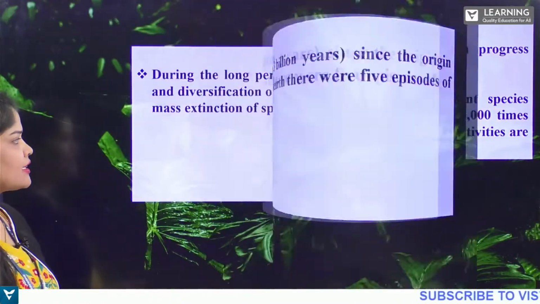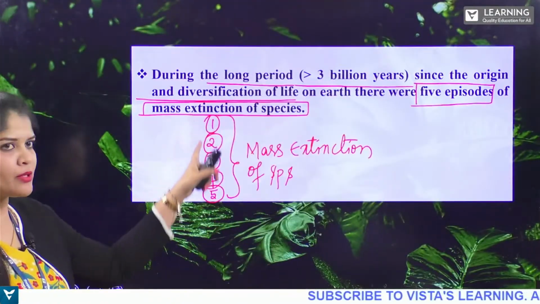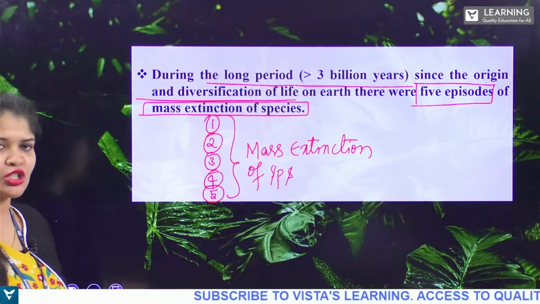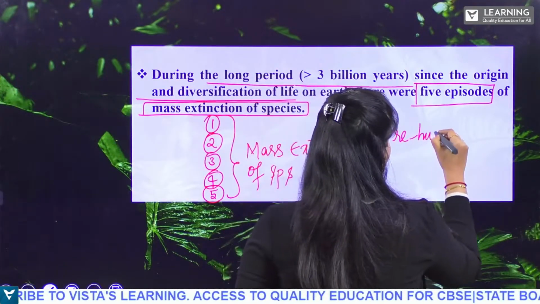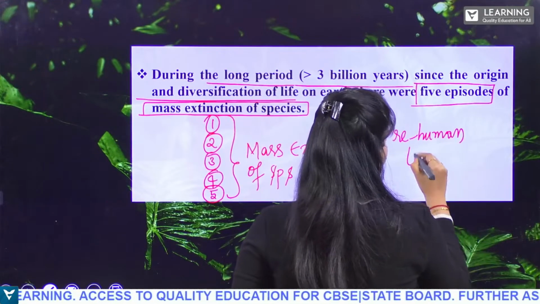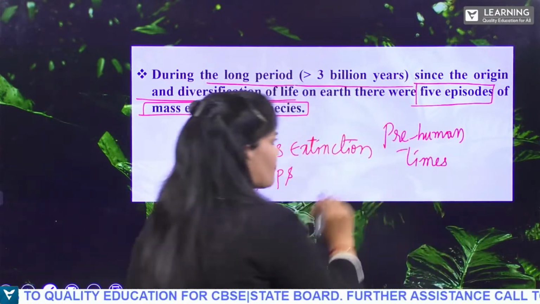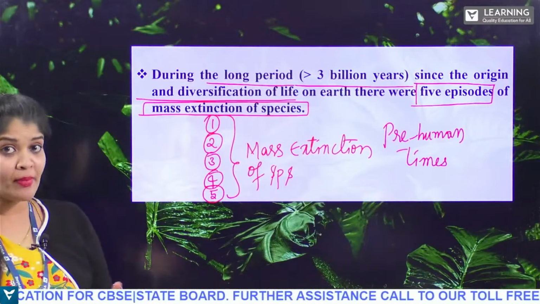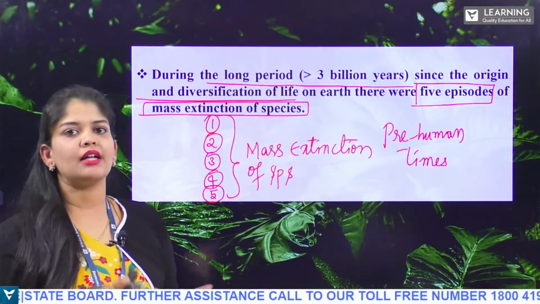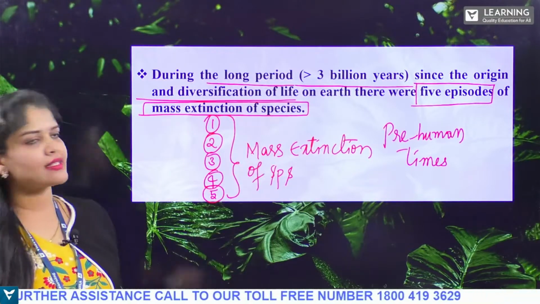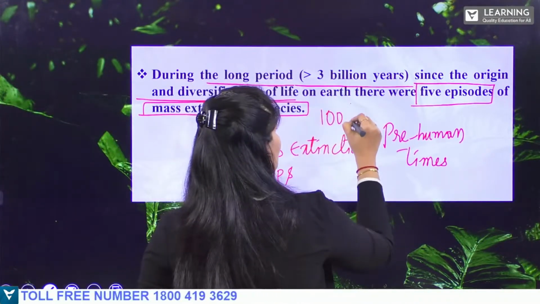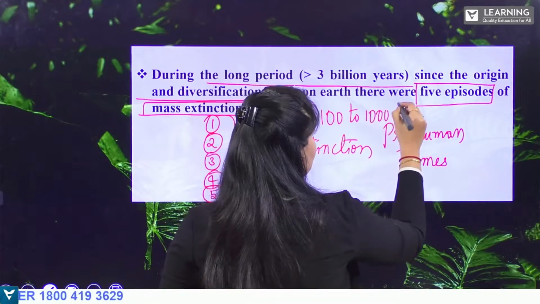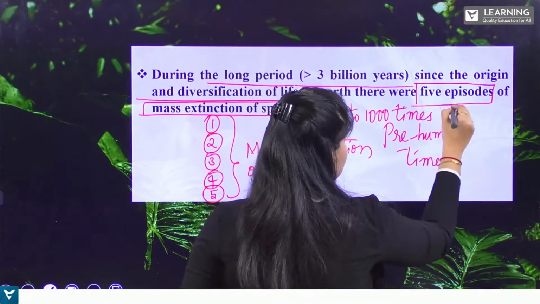So we already said there are 5 different episodes of mass extinctions of species that happened during pre-human times. These happened at lower rates compared to the 6th extinction. And the 6th episode of mass extinction of species is happening 100 to 1000 times faster.